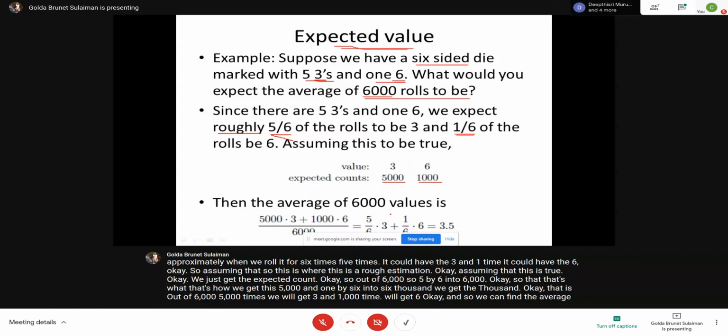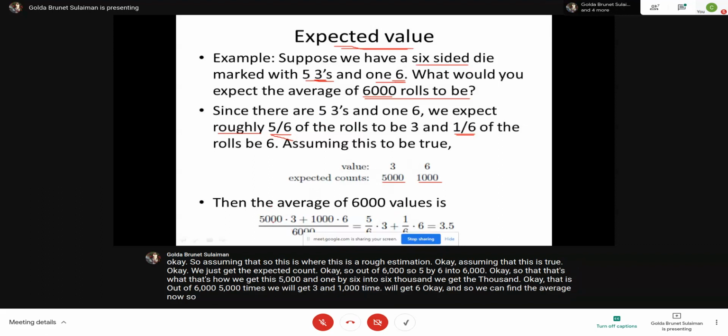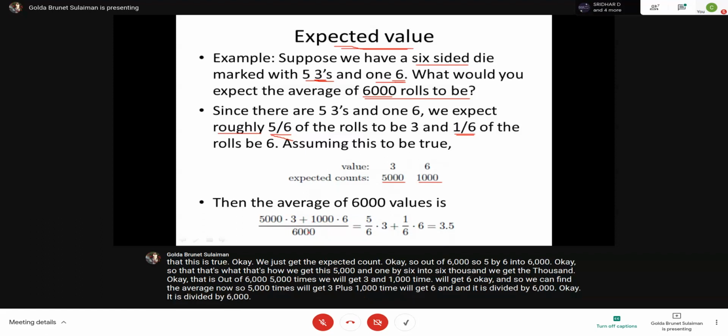So we can find the average now. 5,000 times we get 3, plus 1,000 times we get 6, divided by 6,000, the total number of trials.